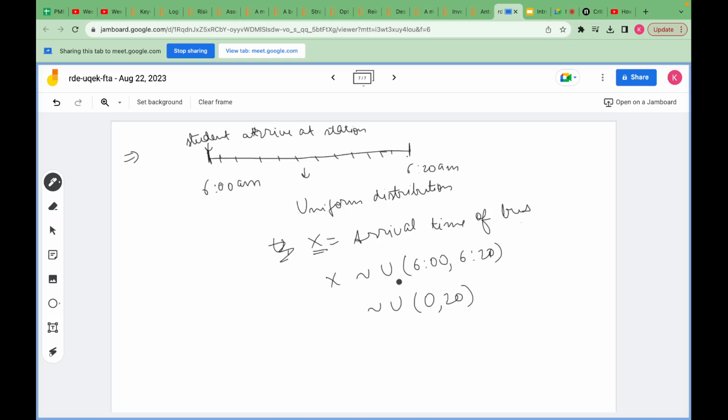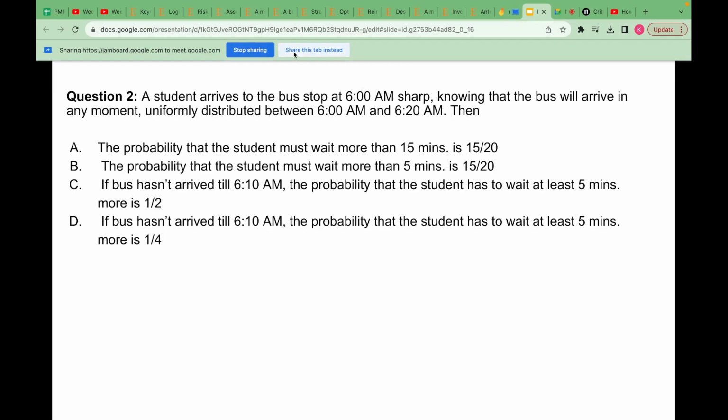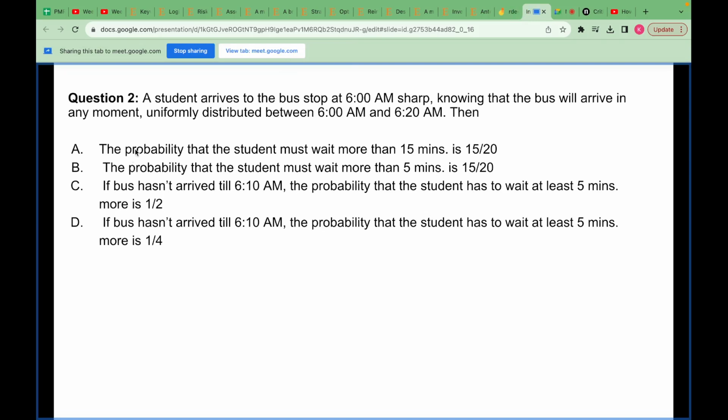This x is uniformly distributed from 6 a.m. to 6:20 a.m., or we can say from 0 to 20 minutes. Because the student is arriving at 6 a.m., we can consider 6 as 0 and 6:20 as 20 minutes. Now we will try to answer these questions.